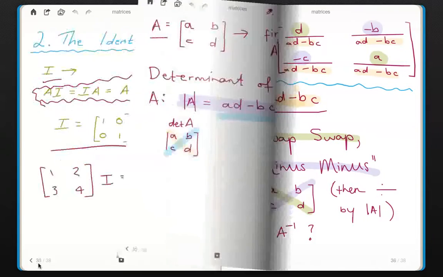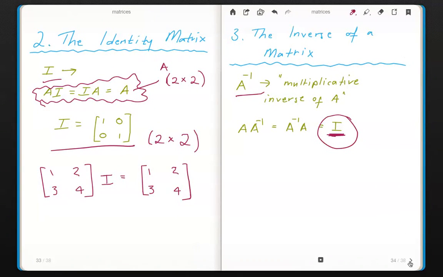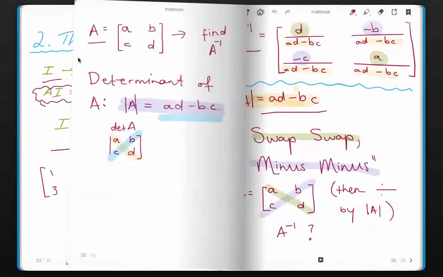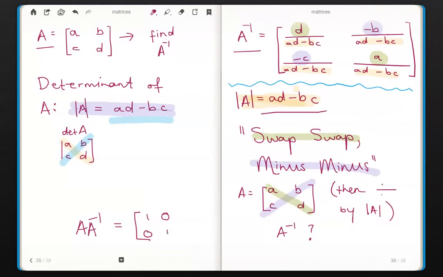We are supposed to get the identity matrix. If you multiply A and the inverse of A and you get 1, 0, 0, 1, then well done, we've done it right. Or even try putting some numbers in and see what you get. But we will be practising this in class, I promise.